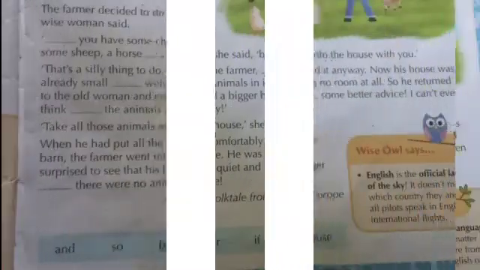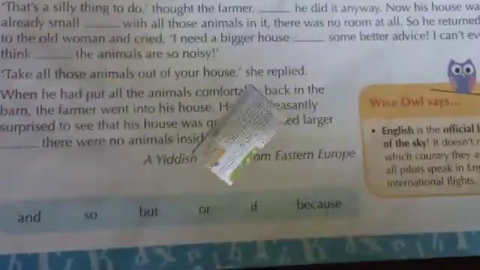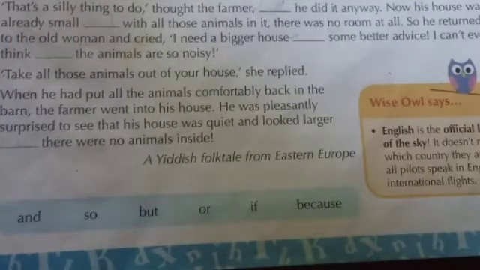The farmer decided to do as the wise woman said. If you have some chickens, some sheep, a horse, and a cow, she said, bring them into the house with you. That's a silly thing to do, thought the farmer, but he did it anyway.